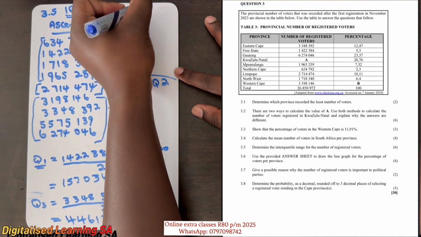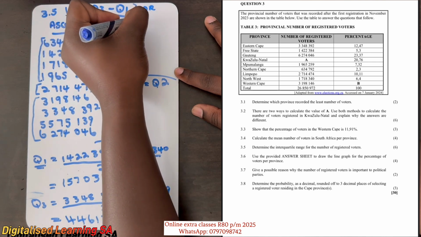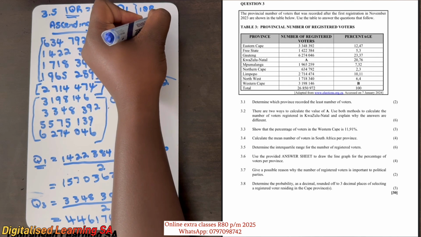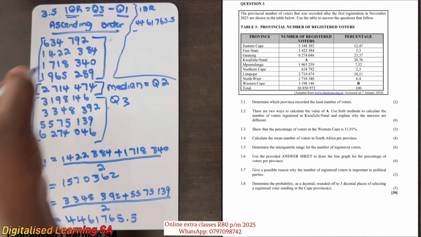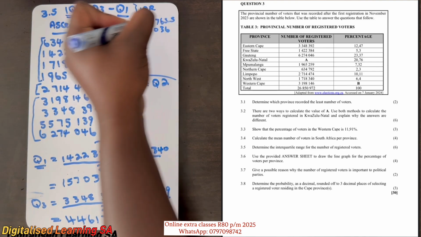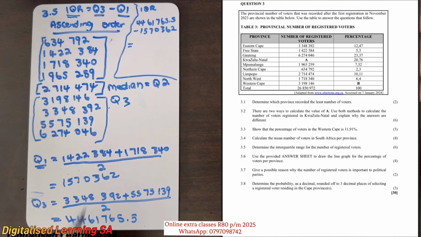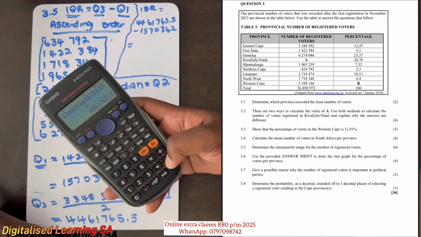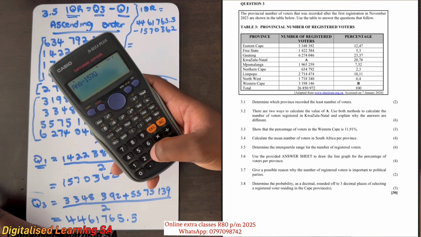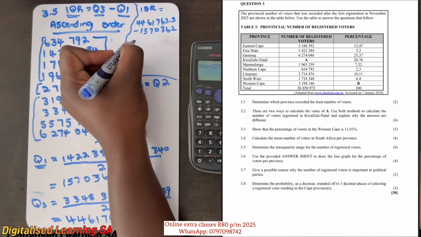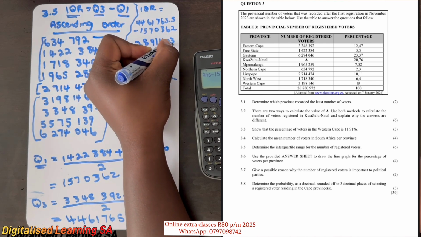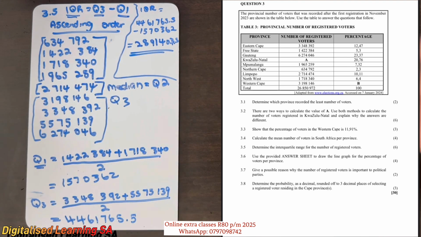In this case, we are going to say 4461765.5 minus 1570362, and our interquartile range will be 2891403.5. So this is our interquartile range.